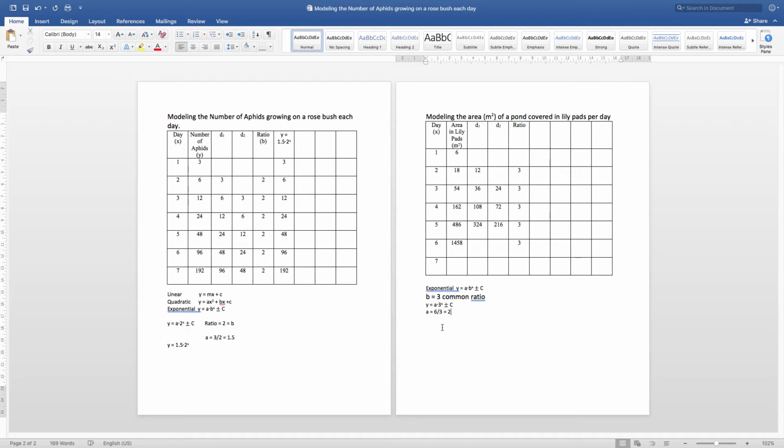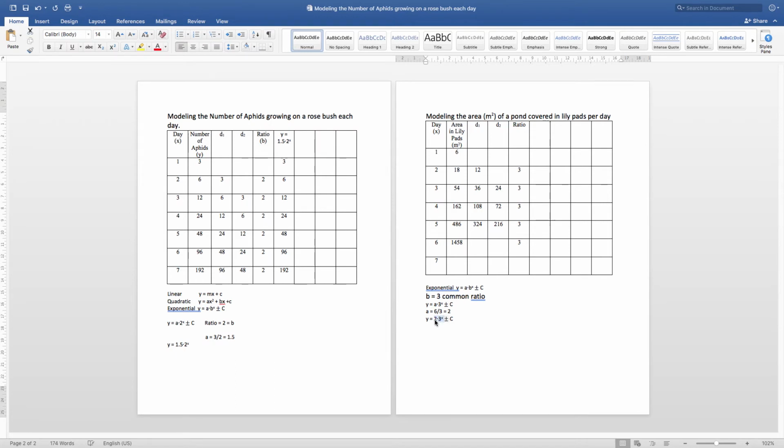And so I now know that my equation is y equals 2 times 3 to the power of x, and I've got to look to see if I've got a c value.